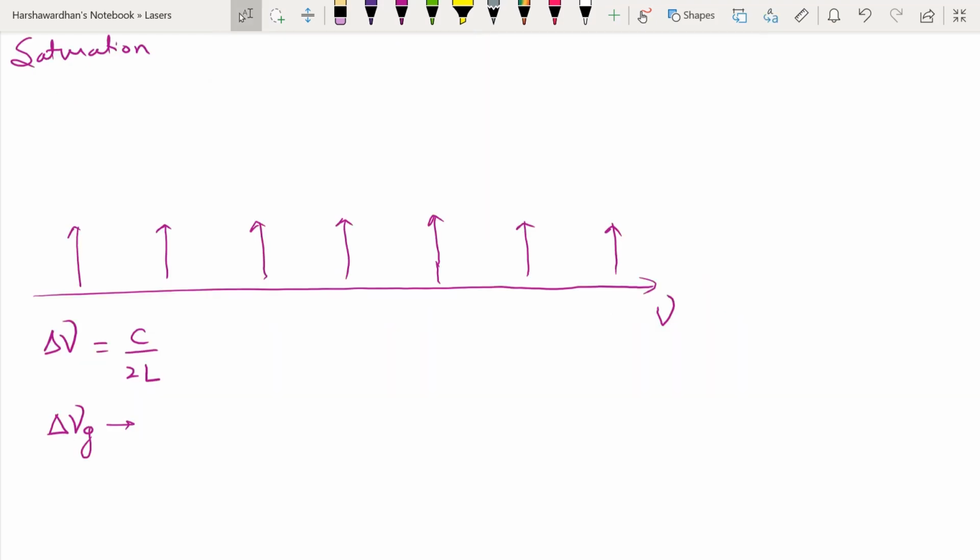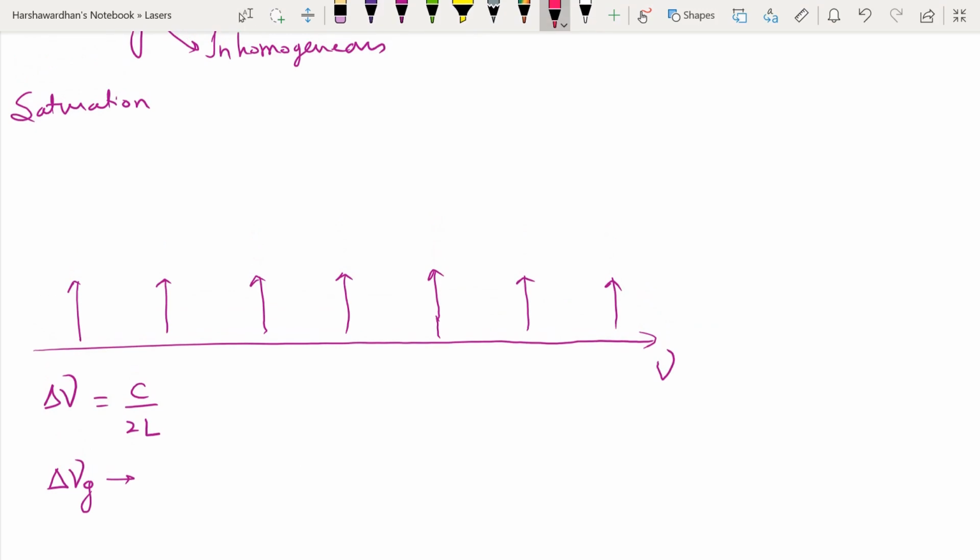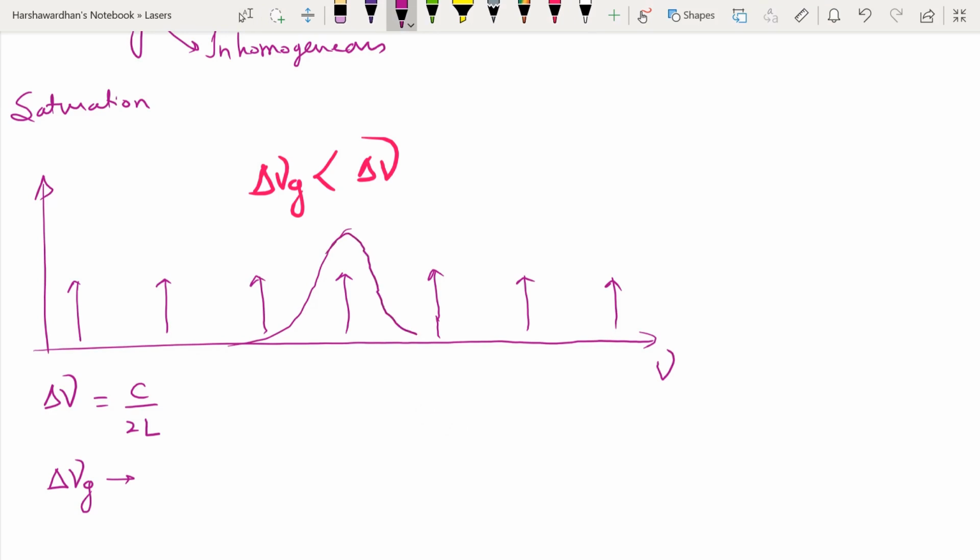So we have the following two possibilities. The first possibility is that my delta nu G, that's the width of the gain medium, is smaller than the width of the bare cavity frequencies. That would mean that if I plot my gain medium in this frequency space, you see that my gain medium has got a width, this is my delta nu G, which is certainly smaller than the spacing between the bare cavity modes.